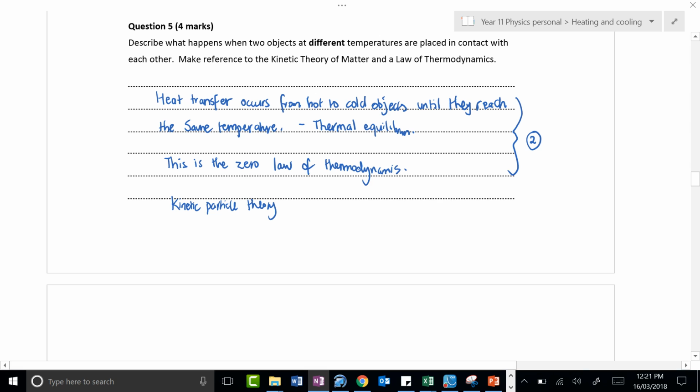Basically, what it's saying is that hotter, faster particles transfer their kinetic energy to nearby slower particles.